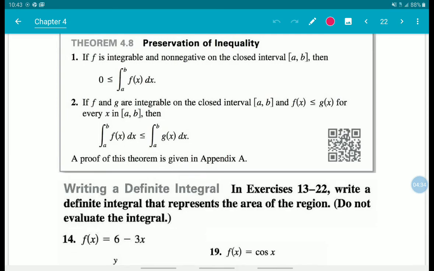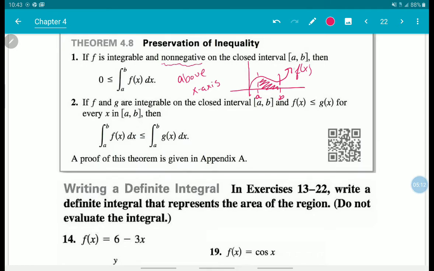A couple more theorems. Let's say we have a function that we can integrate and it's non-negative. Non-negative means that this thing lives above the x-axis. So then if that's true, then that area under the curve would have to be bigger than or equal to 0. So looking at something like this, let's say our function is f of x here, and we're integrating from A to B. We're looking at this piece.